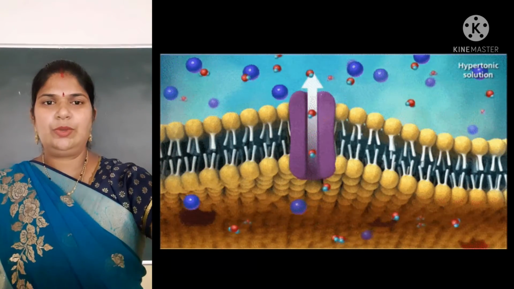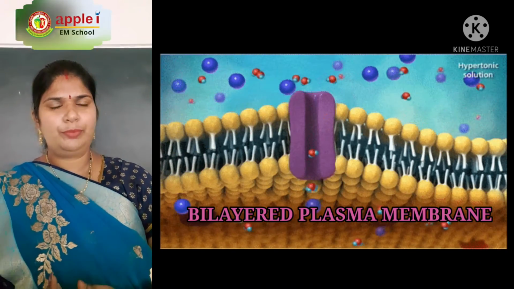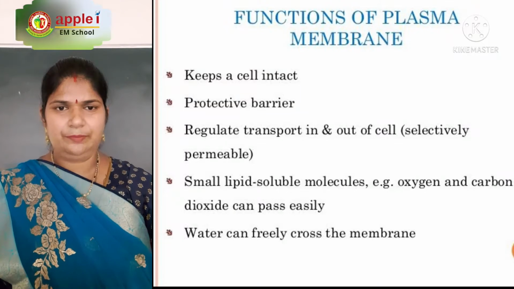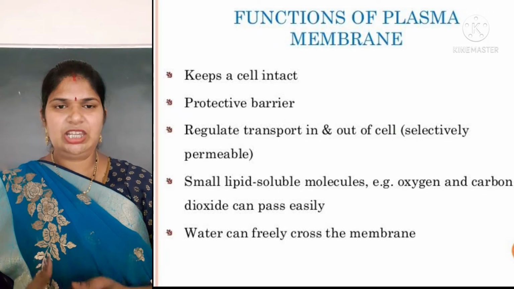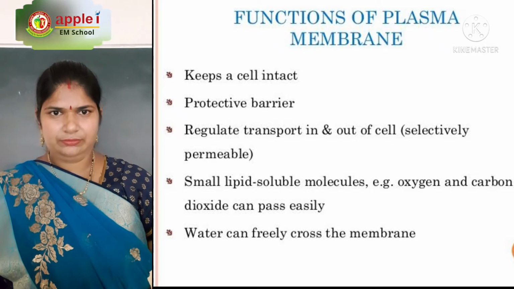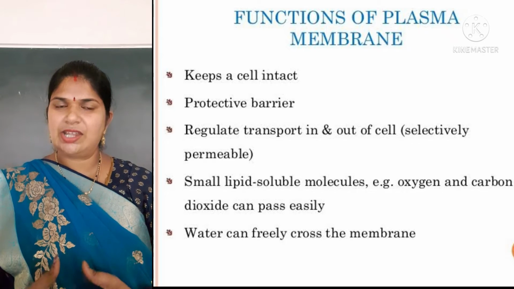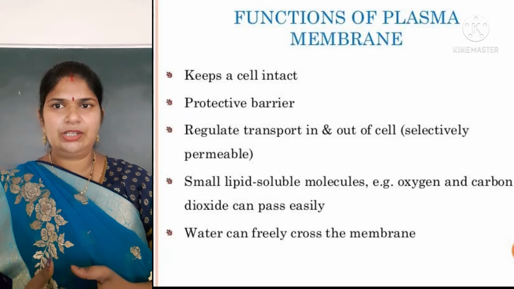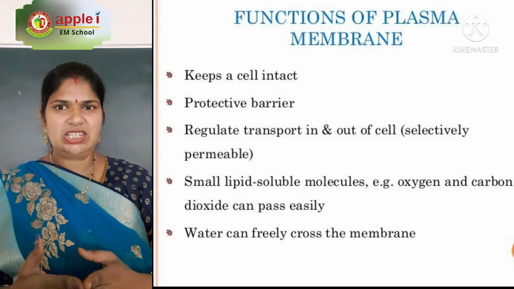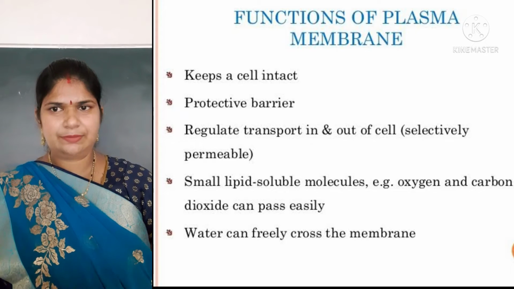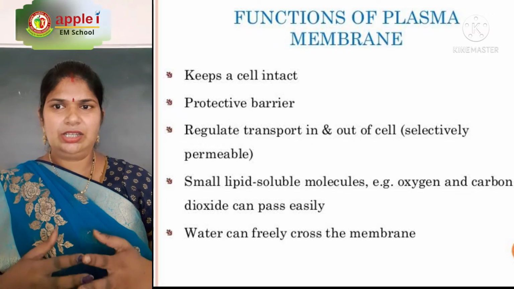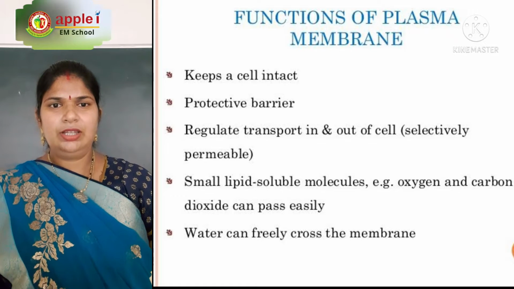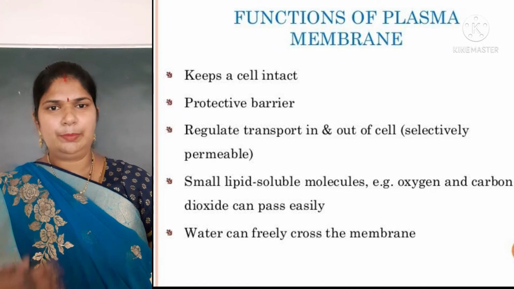Next are the functions of plasma membrane. The first function is that it keeps the cell intact. Second, it acts as a protective barrier. Third, it regulates transport of materials in and out. Next, it allows small lipid-soluble molecules to pass.